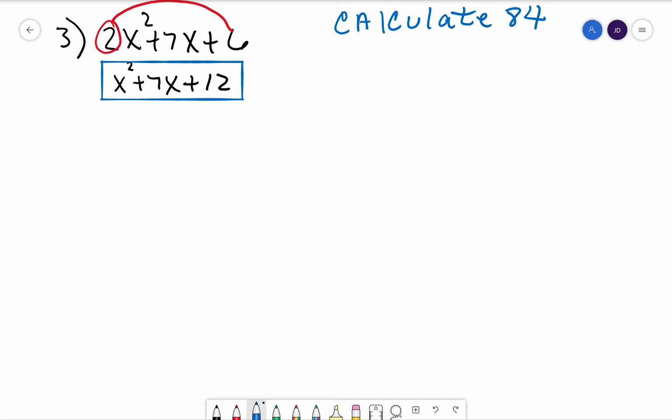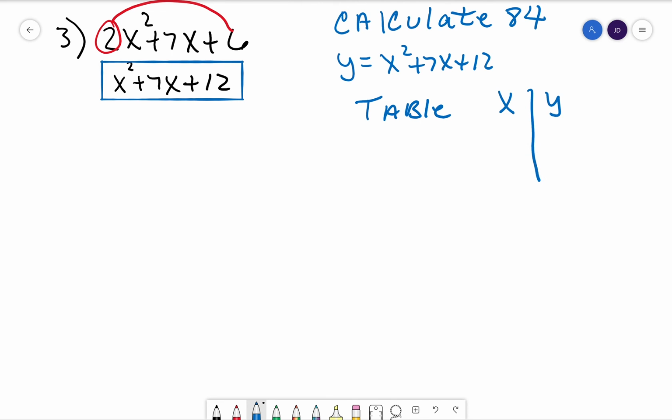And if you do, you're just going to go into y equals, then it's x squared plus 7x plus 12. Once we do that, then you're going to go to your table. You're looking for where y is 0. And y is going to end up being 0 at -4 and -3.